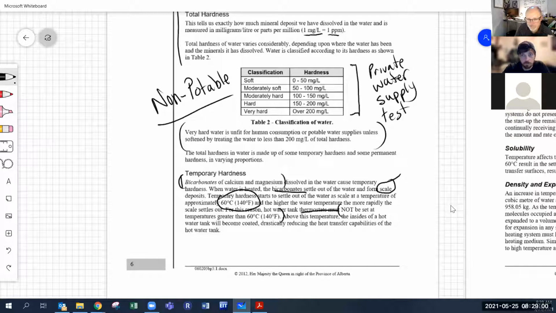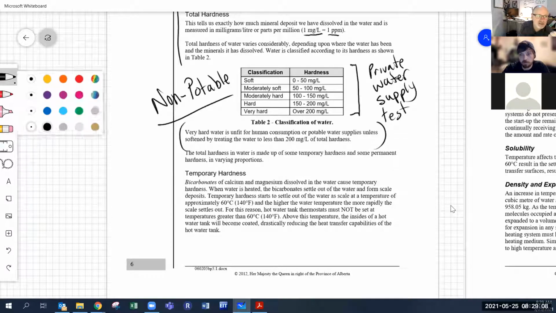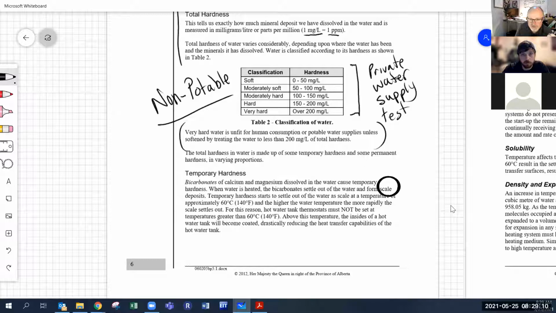Sorry, Doug, is it that it kind of layers like a croissant on the bottom of the pipe, different layers and layers as it goes up? What they're talking about here is the scale that comes out, it's kind of white flaky stuff, and it sticks to surfaces after a while, and you can kind of scrape it off.